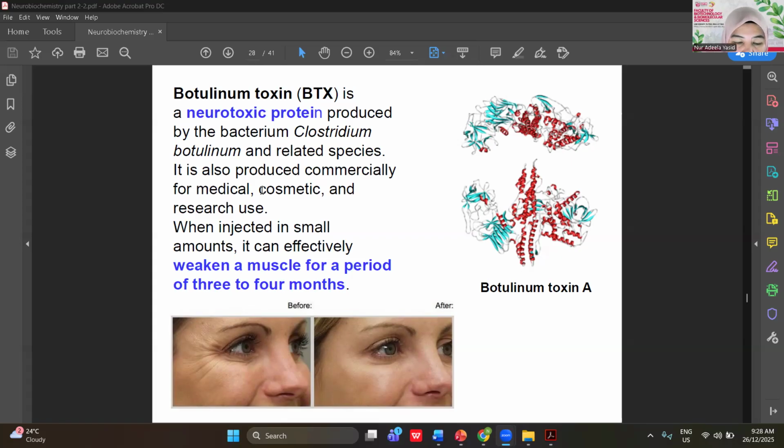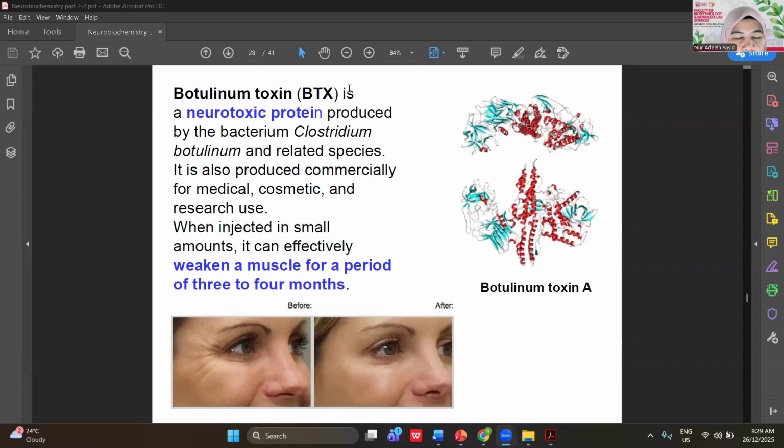For cosmetic use, it helps reduce the appearance of wrinkles by temporarily reducing facial muscle activity. In terms of mechanism, botulinum toxin blocks the release of acetylcholine at the neuromuscular junction, leading to temporary muscle paralysis.